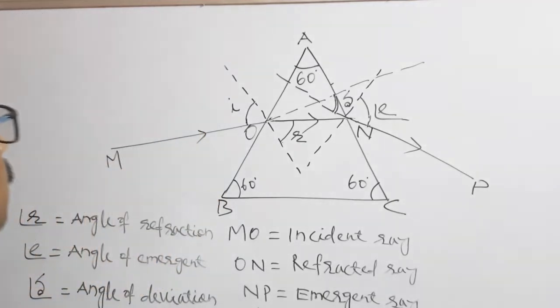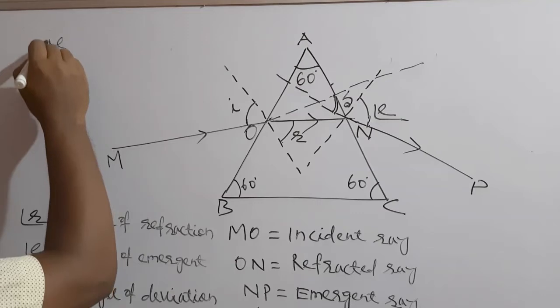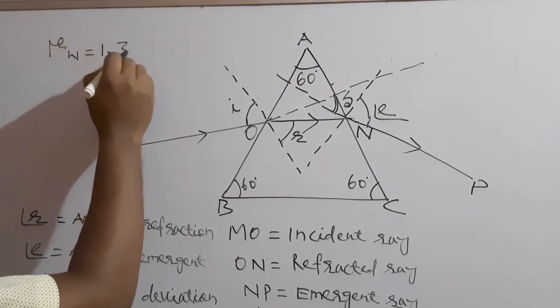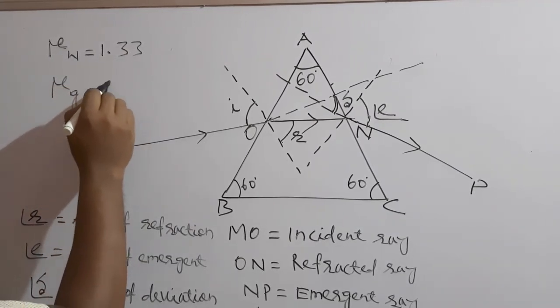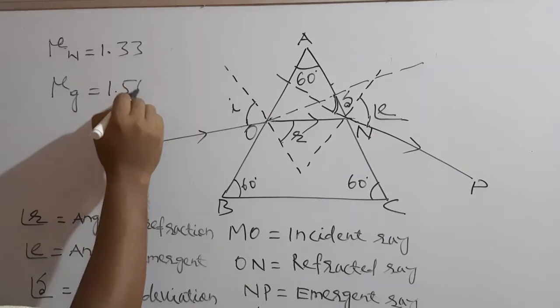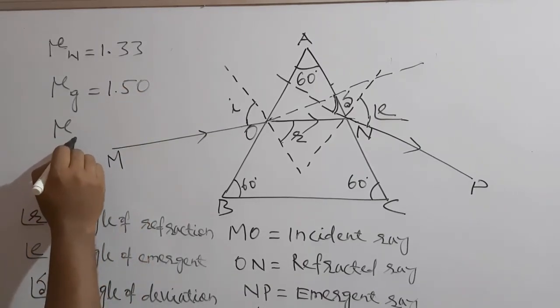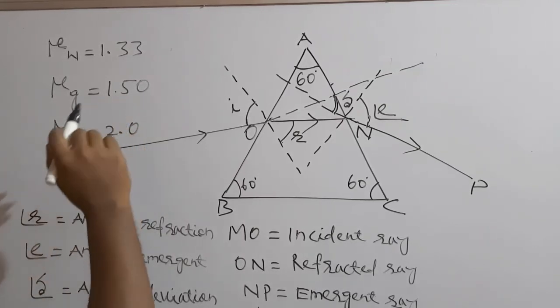I am writing here: refractive index of water, 1.33; refractive index of glass, 1.50; and refractive index of diamond, equal to 2.0.